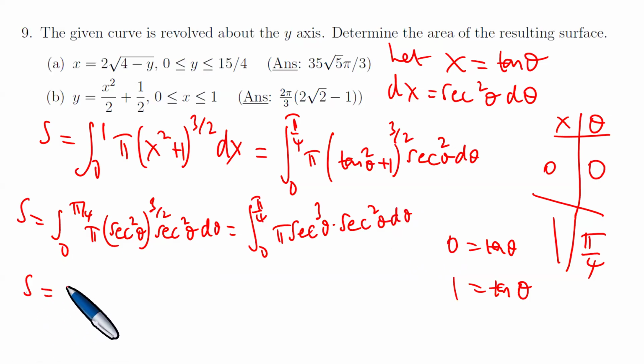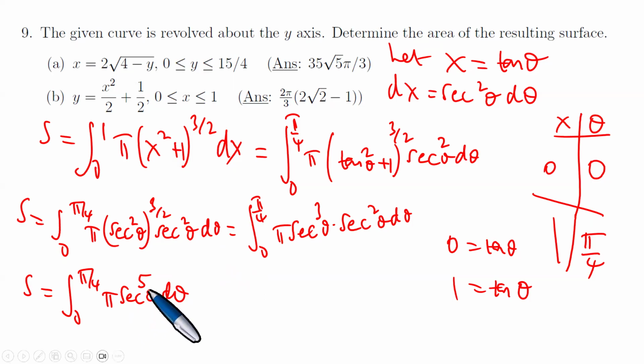So this gives us pi times the integral from 0 to pi over 4 radians of secant to the power 5 of theta d theta, like this. Right, what is the integral of the sec to the power 5? Use the reduction formula we learned for the secant, but you can just use integration by parts as well.